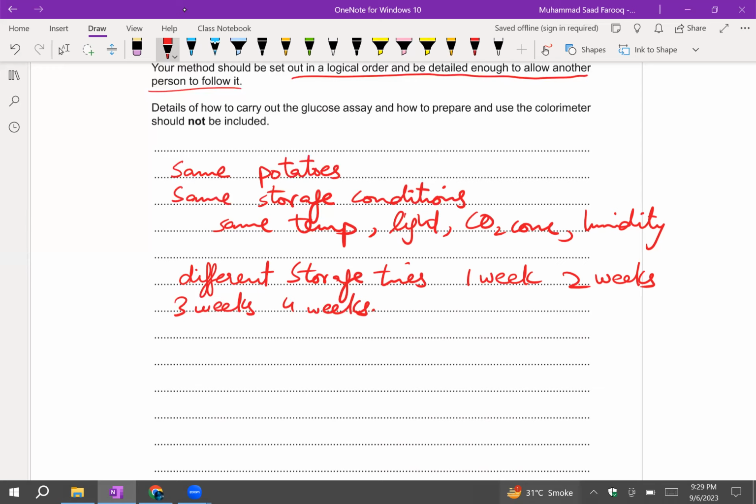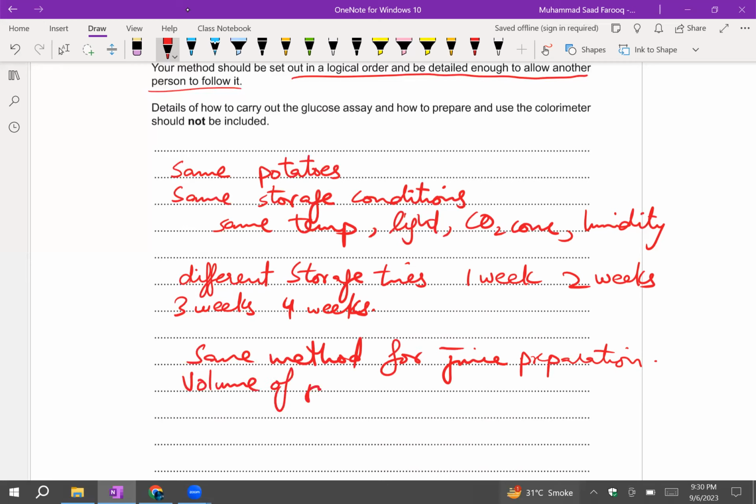Then, for all these values of time, you need to use the same method for juice preparation. The method of juice preparation should be the same, and the volume of juice that you are using for the assay should be the same.